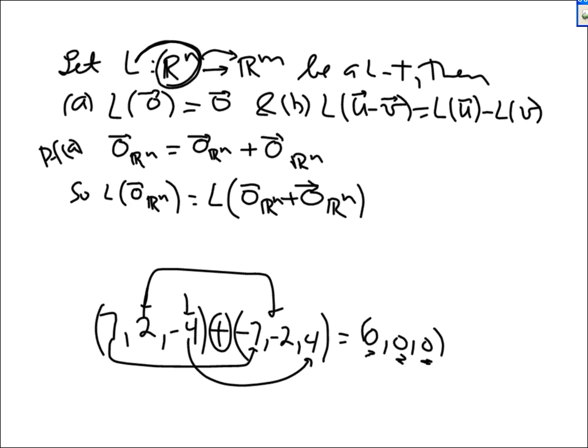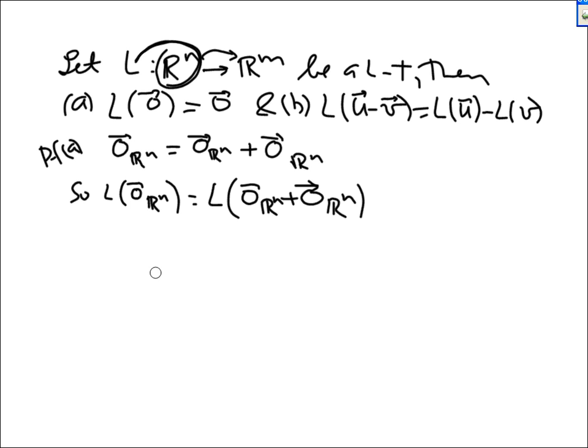But L is linear. On the right side, I have L over a sum, and hopefully you see what's going to happen. The left side didn't change. The left side is still L of 0, but the right side is L of 0 plus L of 0, because L is a linear transformation.